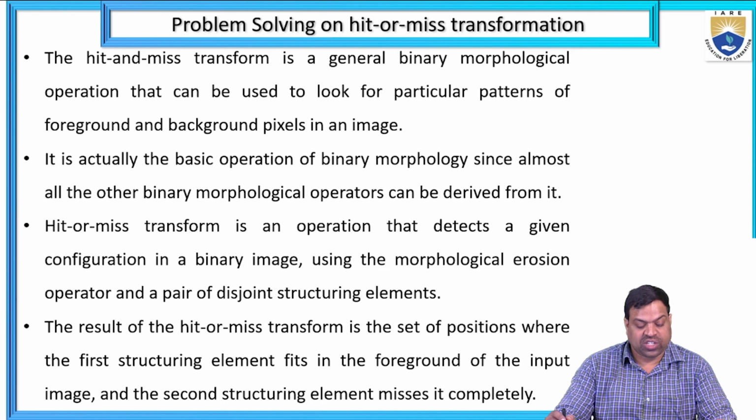Hit or miss transform is an operation that detects a given configuration in a binary image using the morphological erosion operator and a pair of disjointed structuring elements. The result of the hit or miss transform is the set of positions where the first structuring element fits in the foreground of the input image and the second structuring element misses it completely.